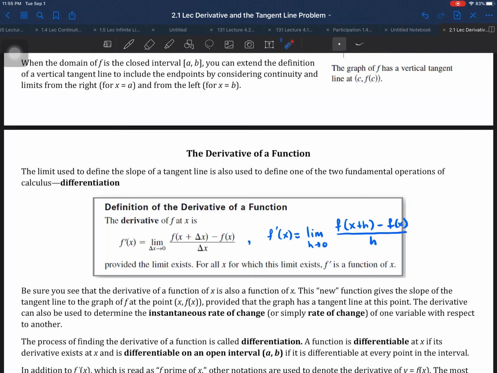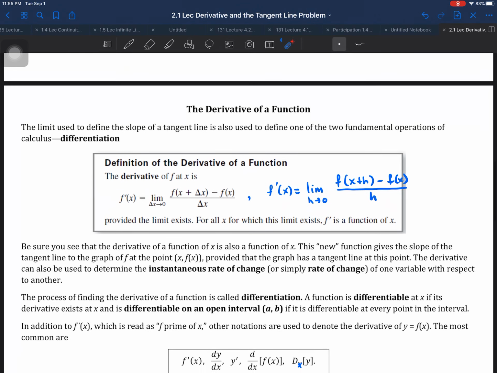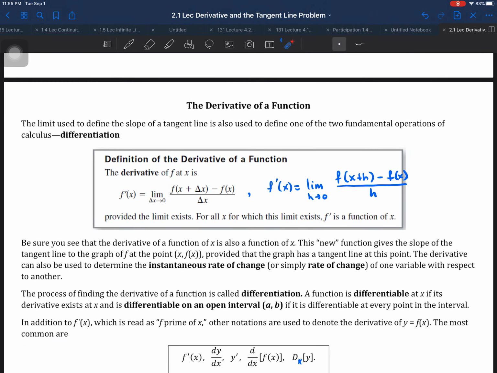So this will be very, very powerful. We can think about the derivative as being the formula to find the slope of the function at that point.